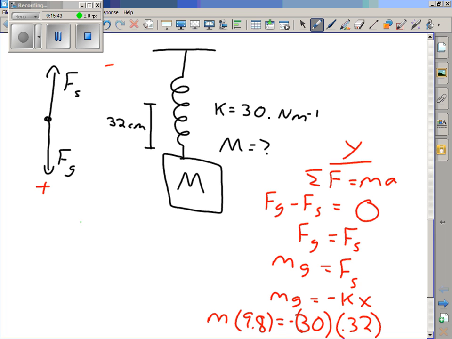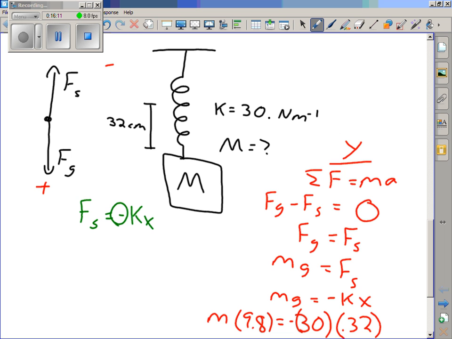Force of a spring equals negative kx, right? But what can you tell me about the force and the displacement x? Force pulls which way? Like in this instance, force pulls up, displacement goes down. They go opposite of each other. That's why the negative sign is there, to counteract that.